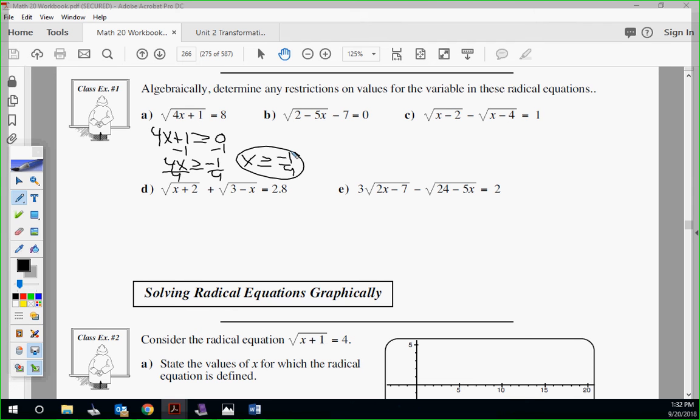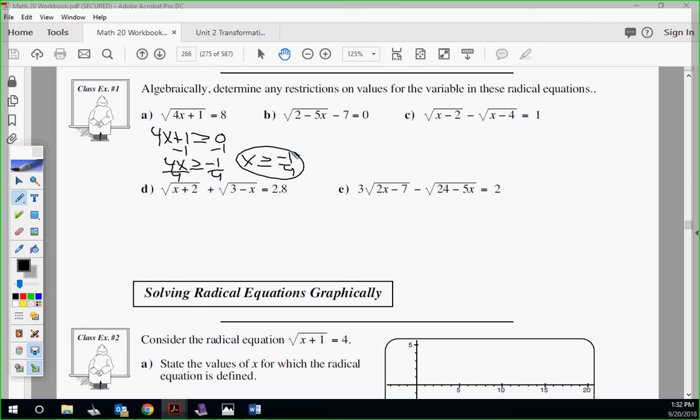I have a negative 5x, so I'm going to be dividing by a negative at some point, which messes with your restrictions. Our restrictions come within the radical. The radical is the thing that has problems. The radical can't square root negatives. So if you're lost right now, the main point is we can't have negatives in the radicals, and we're figuring out when radicals become negative on the inside. And we're saying, nope, not that.